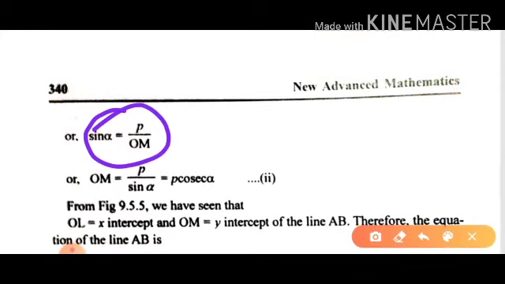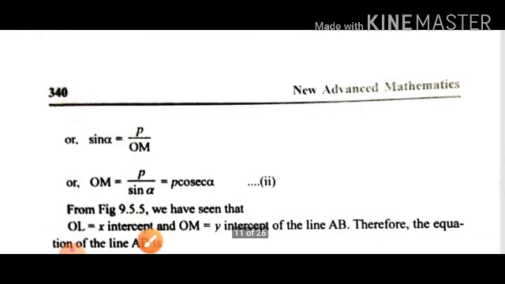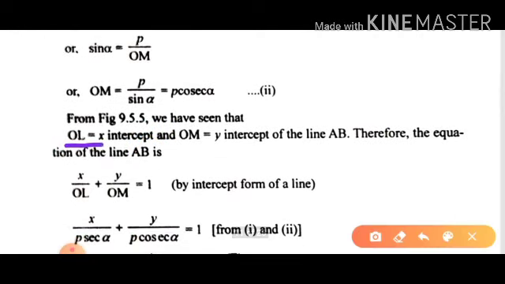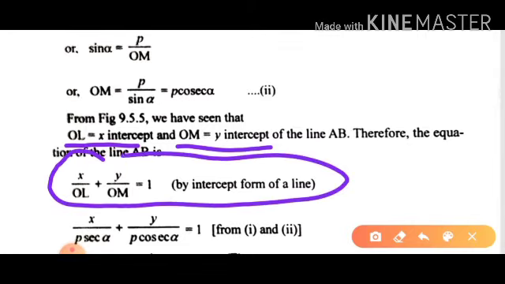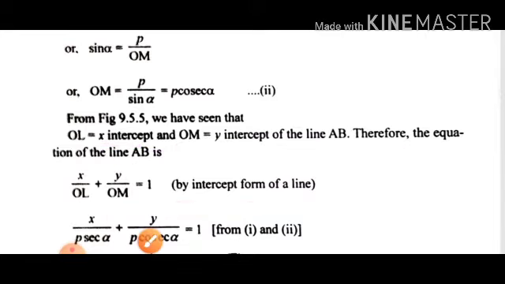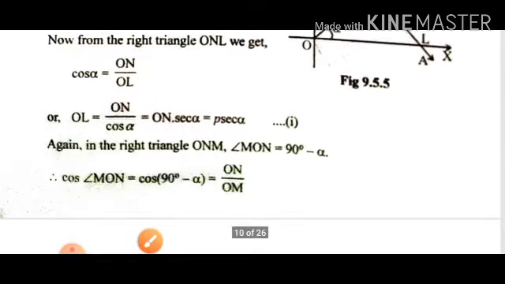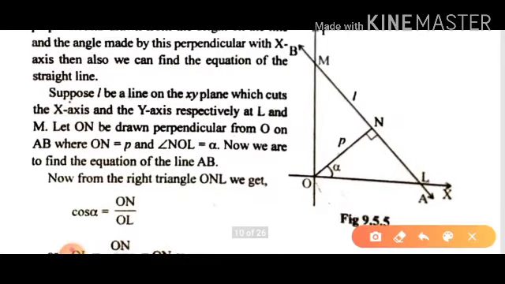Okay, that means we are going to find the value of OL and OM, because by intercept form we can express it in this way, x by a plus y by b equal to 1. So x by a was this one, and this one, OA and OM.